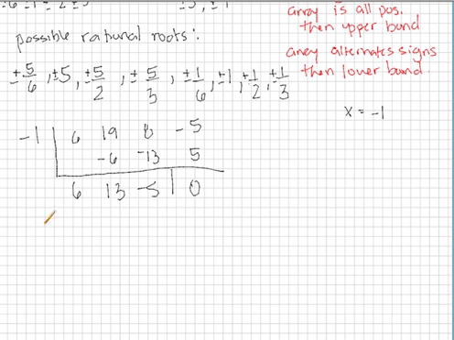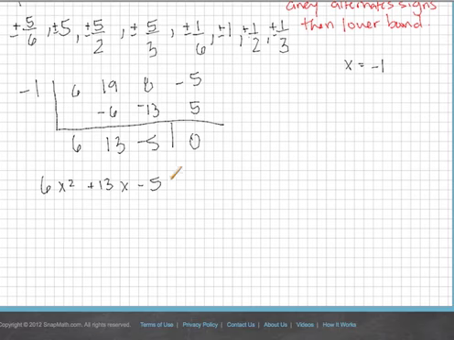Let's go ahead and write our new equation, which has dropped down to a quadratic, which we can solve by traditional methods now. I don't need to mess with all this nonsense anymore. I'm not even going to try to factor this. I can't think of anything off the top of my head that multiplies to -30 and adds to 13.